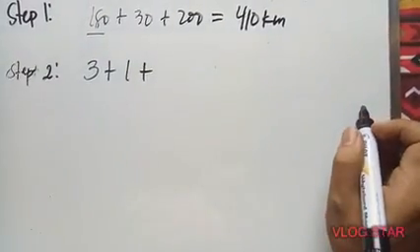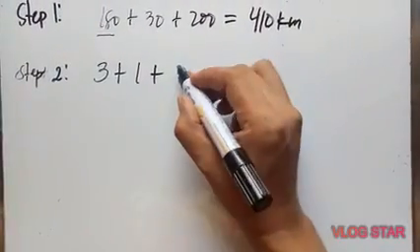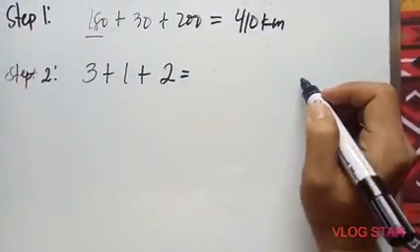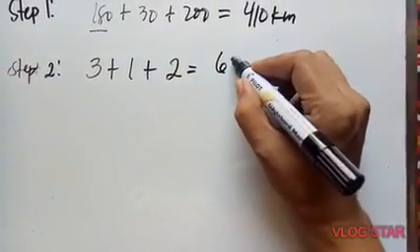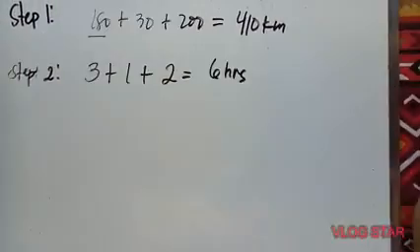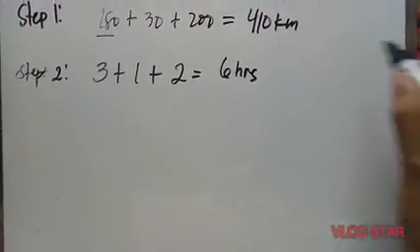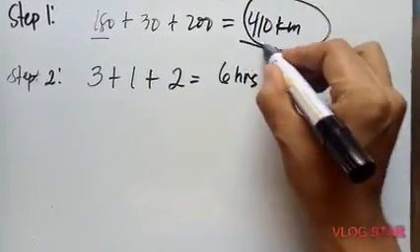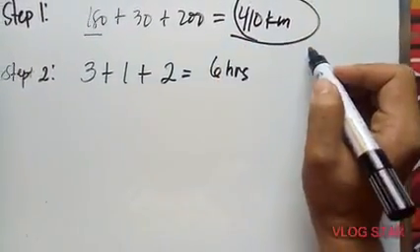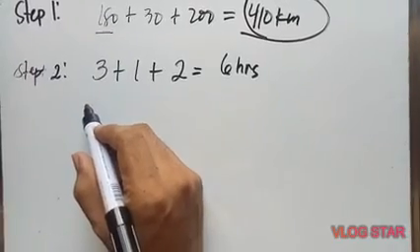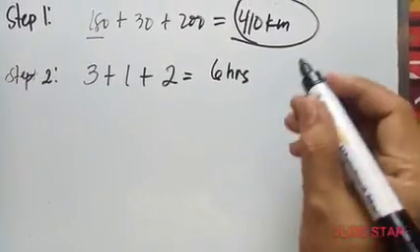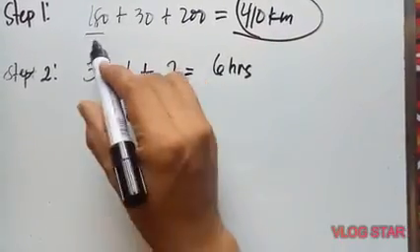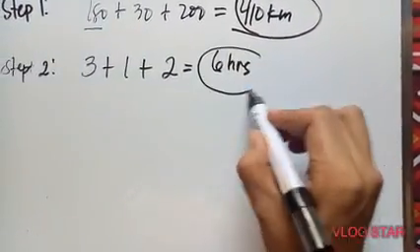In 200, the travel time is 2 hours. So in total, the total travel time is 6 hours. So I will repeat, the total distance traveled is adding the distance, while the total travel time is adding the time used in traveling. So that is 6 hours.